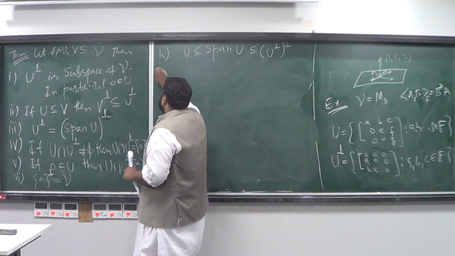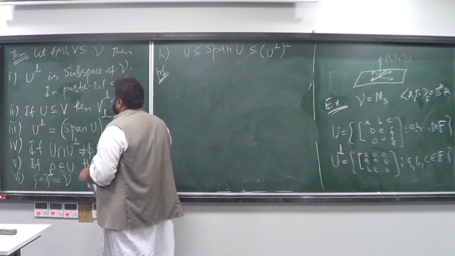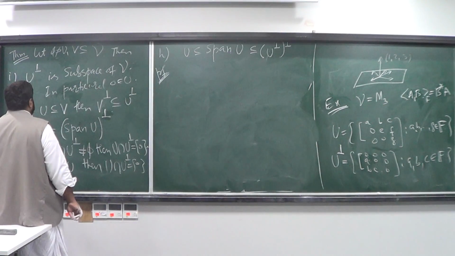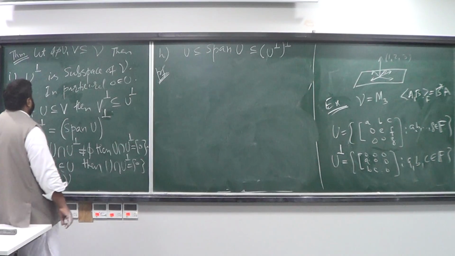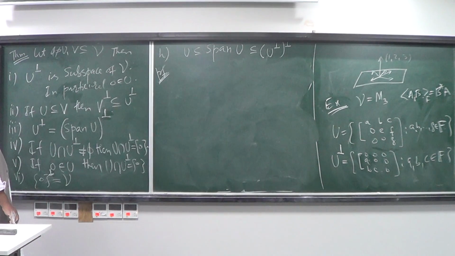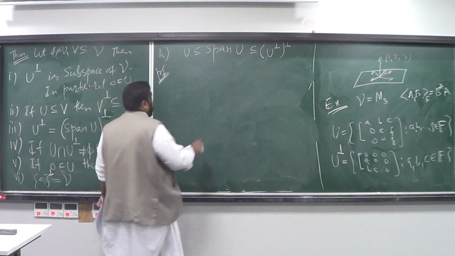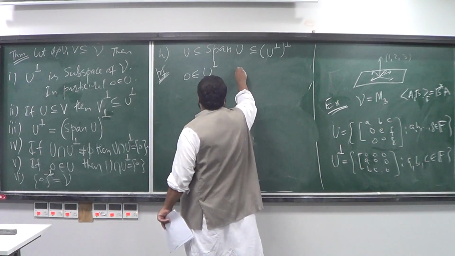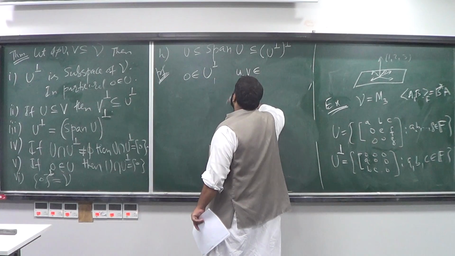So this is what I would like to quickly prove. In order to show that U perp is a subspace, what we need to show is that 0 belongs to U perp.